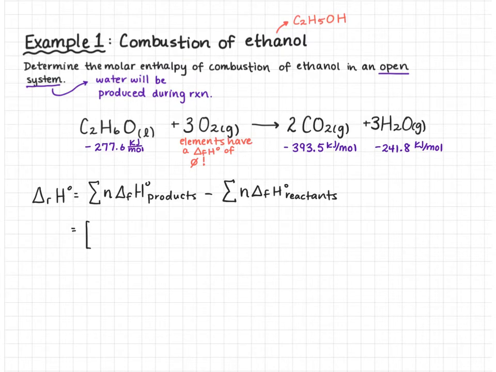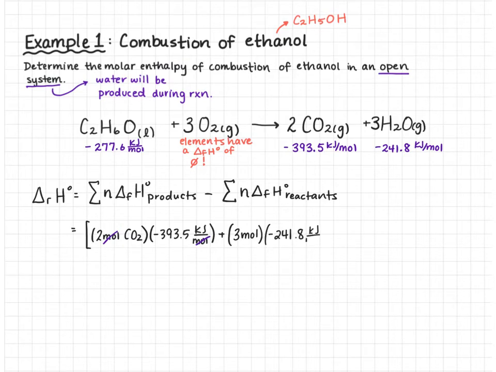We have 2 moles of CO2, and our formation enthalpy is negative 393.5 kilojoules per mole. The moles here will cancel, so we're just left with kilojoules. We're going to add, as it's a sum, 3 moles of water times negative 241.8 kilojoules per mole. That's the total sum of our products.